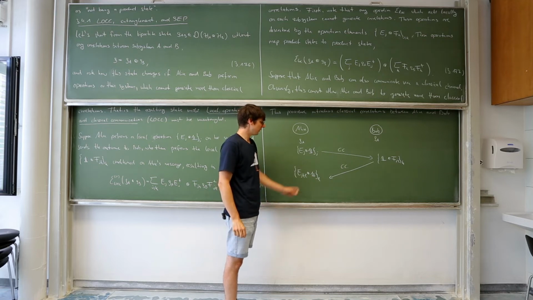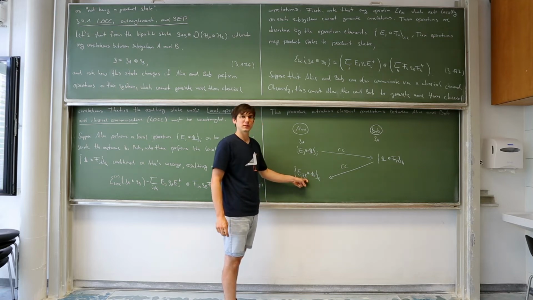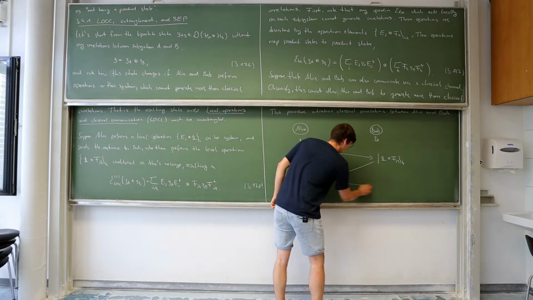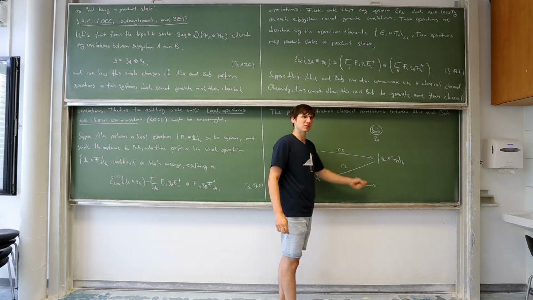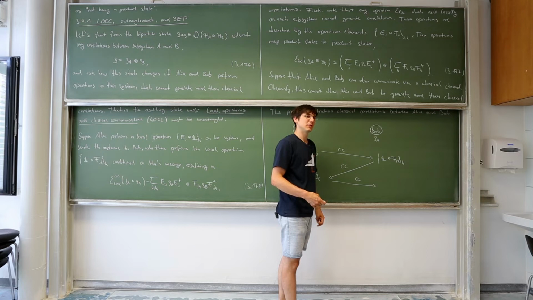And after Alice performed this operation, she can again do classical communication to Bob, who then again performs a conditioned operation. And those rounds of local operations and classical communication can, in principle, be infinitely many.